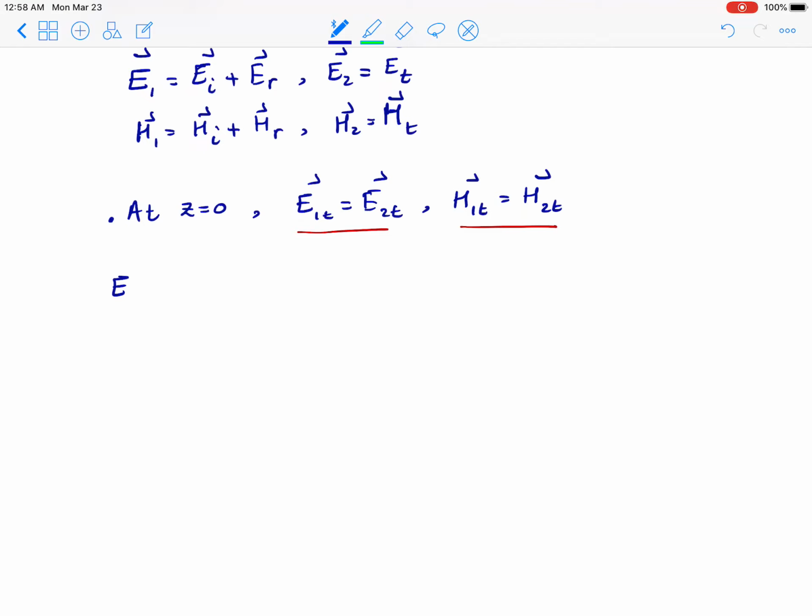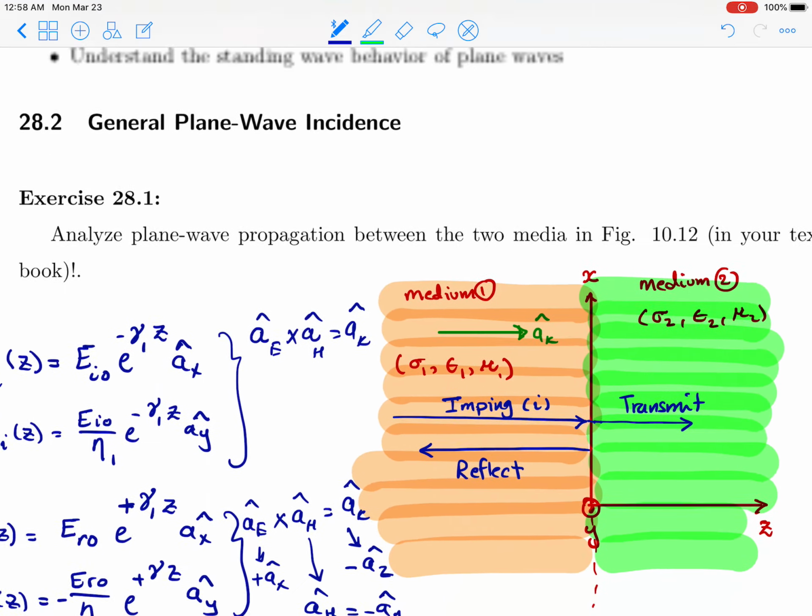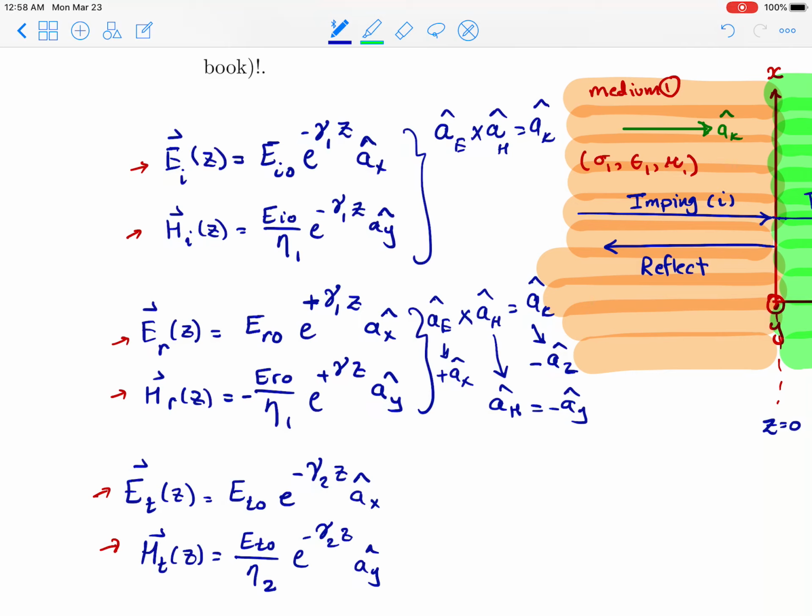So if we apply that, we have E incident 0 plus E reflected 0 equals E transmitted 0. In this case, if we substitute z equals 0 in the incident part, we get E incident naught.